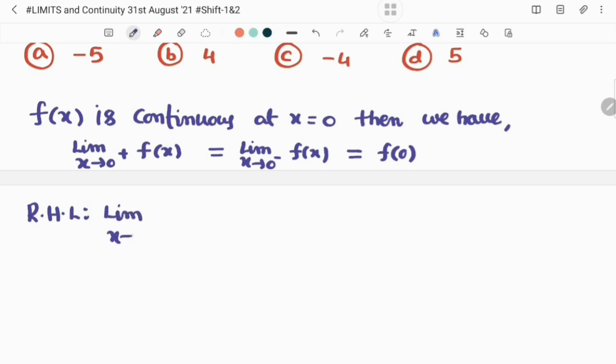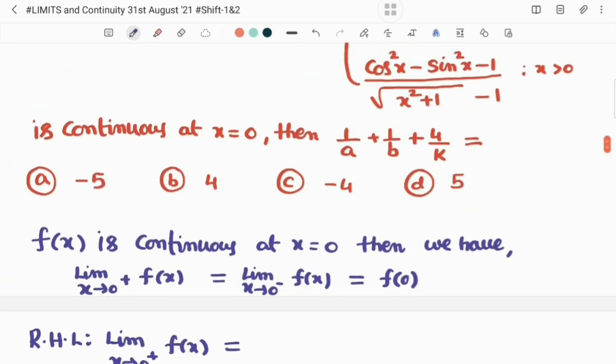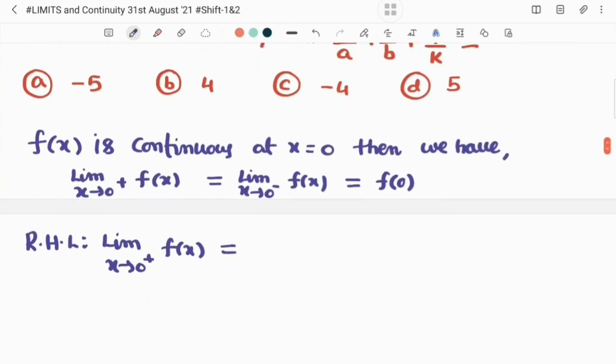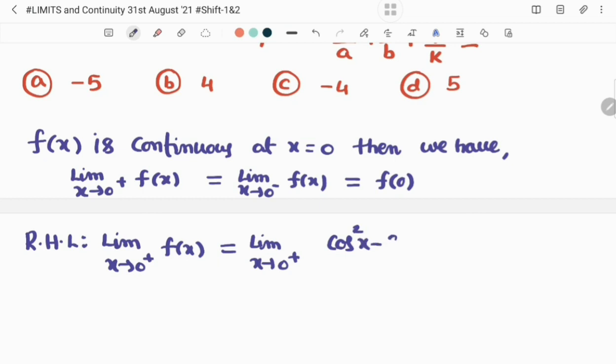The meaning of x tends to 0 plus is x is greater than 0. For x greater than 0, the function cos square x minus sin square x minus 1 divided by root of x square plus 1 minus 1 will come.